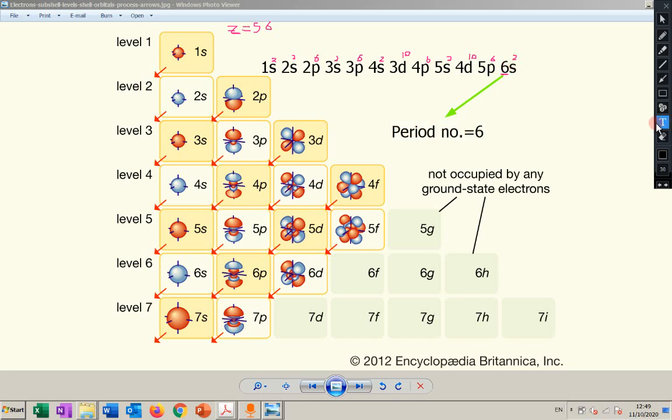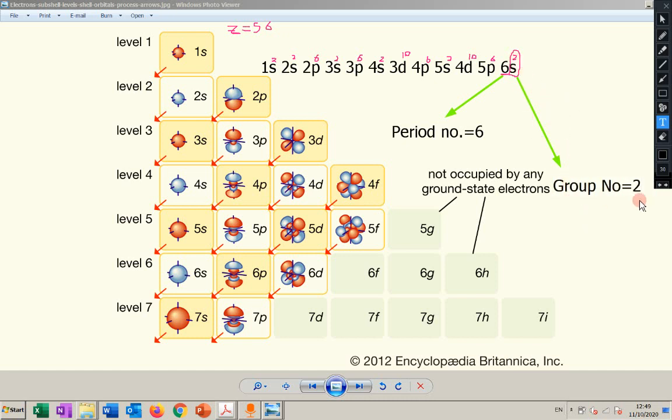s2 is basically group 2. This s2 gives me the group number, which is 2, because it's s2.